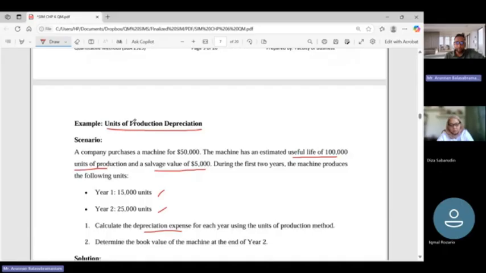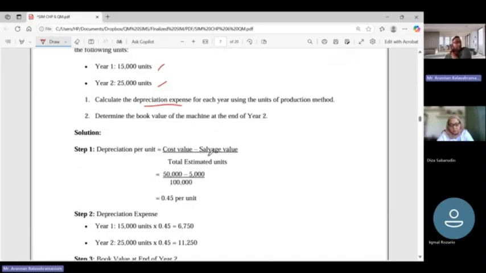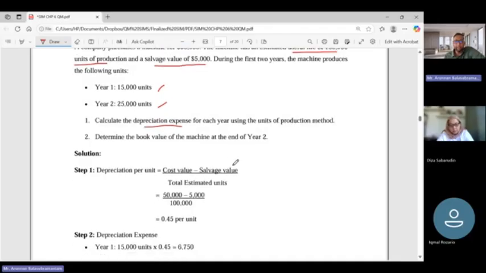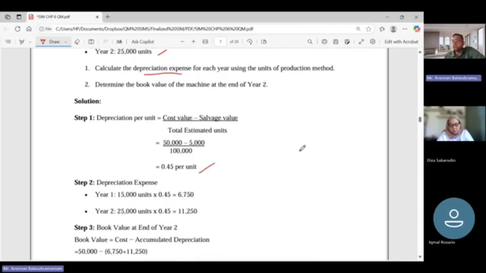The depreciation per unit is the cost value minus the salvage value divided by the total number of units. So it's very simple math where you take the 50,000 minus the 5,000 divided by 100,000. You'll be getting about 0.45 per unit. So this is actually the depreciation per unit.